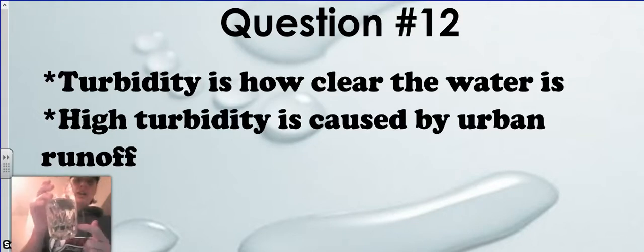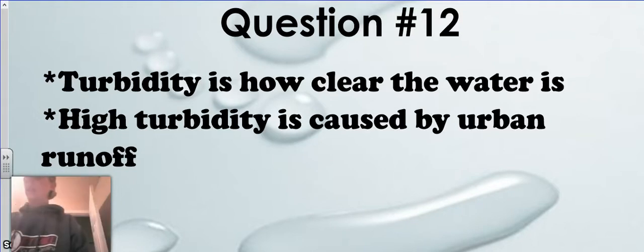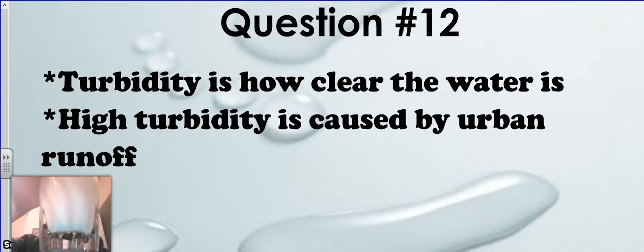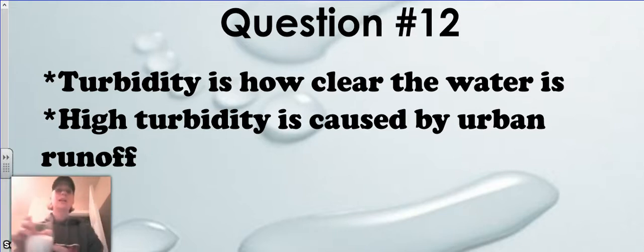Okay, clarity. If I were then to look at milk instead, so I'm going to pour some good old glass of milk, you're not seeing through it. This is highly turbid, or has a high turbidity, and what this does is cause the water to be really yucky and therefore not able to let the sunlight get through, so the plants in the pond can't do what they need to do.